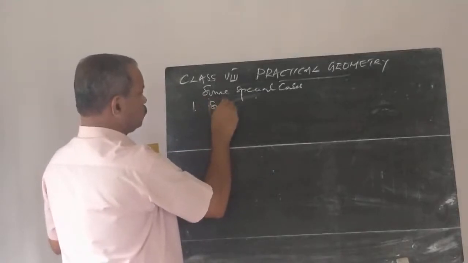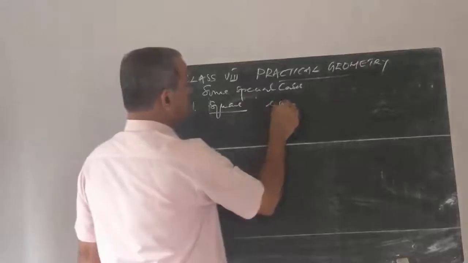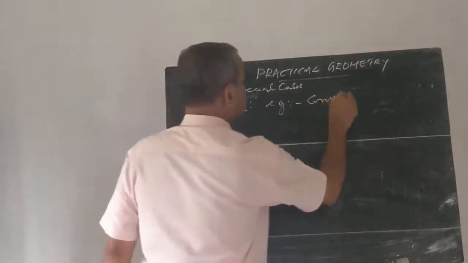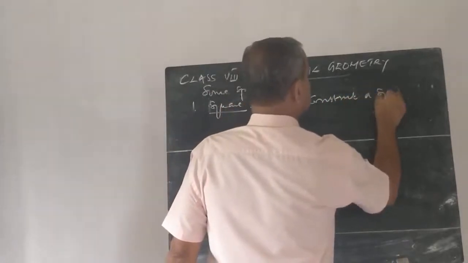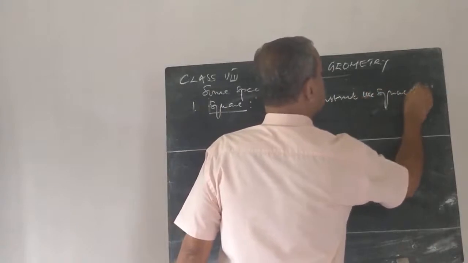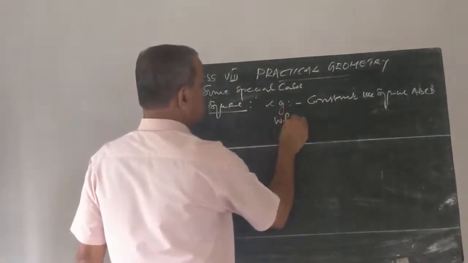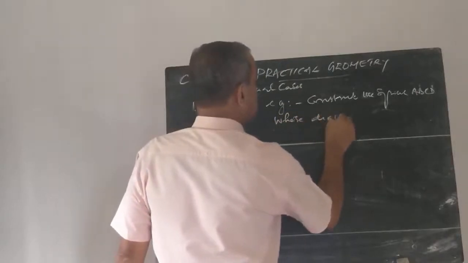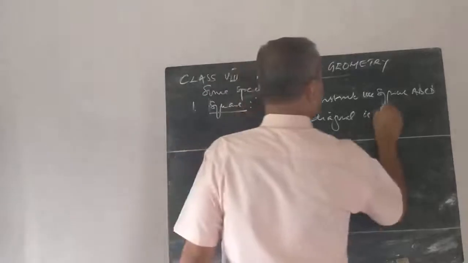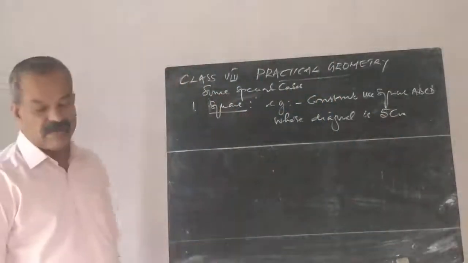Square. Example: construct a square ABCD whose diagonal is 5 centimeters.